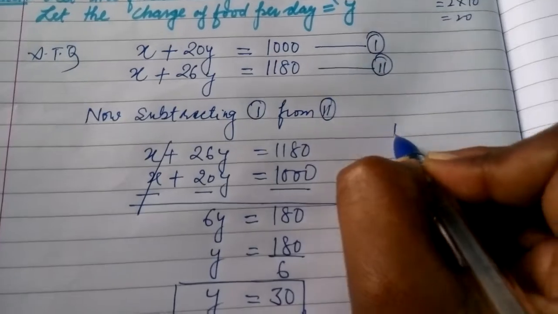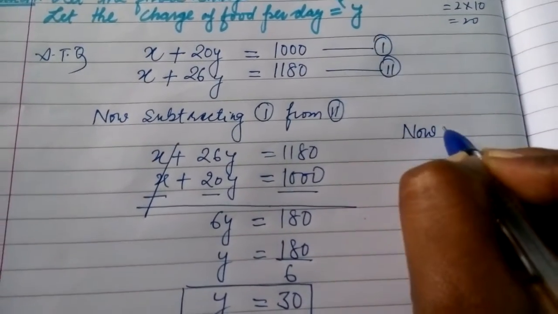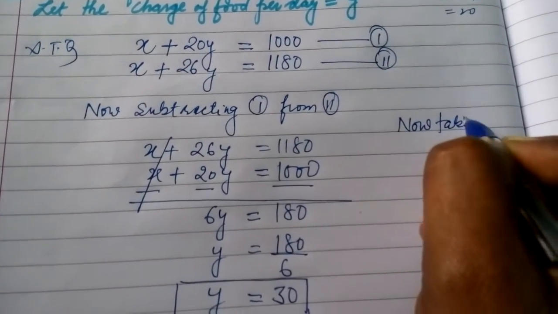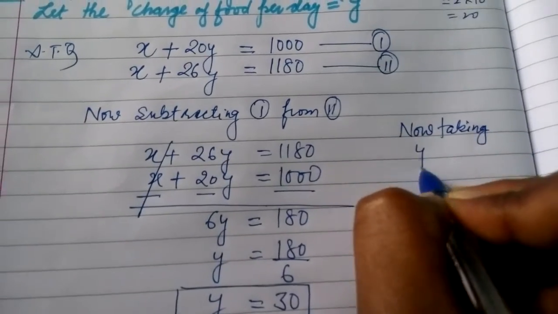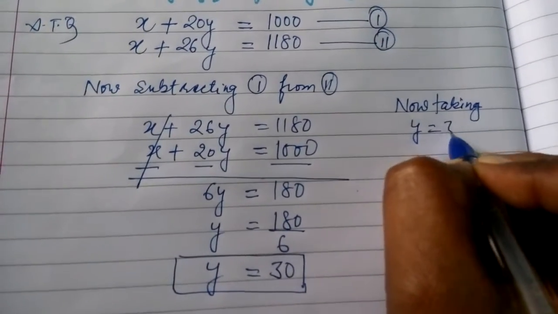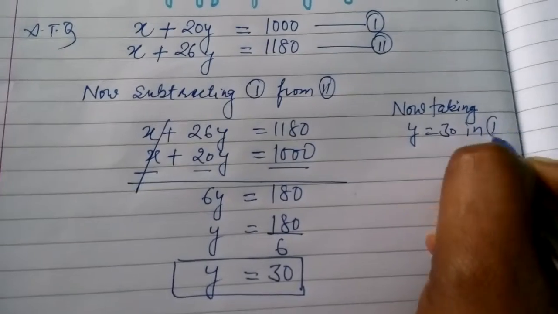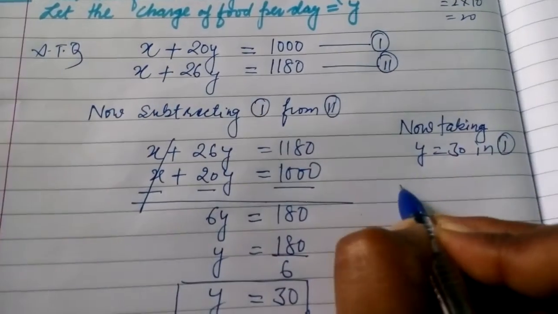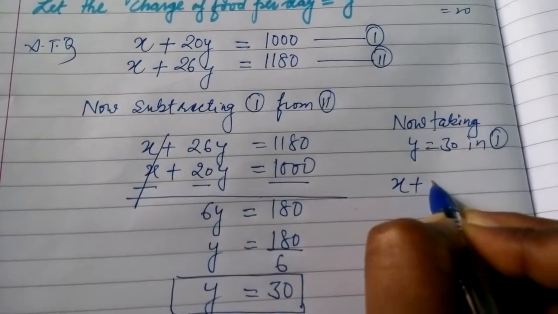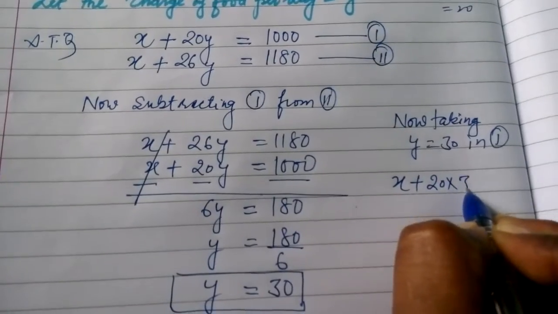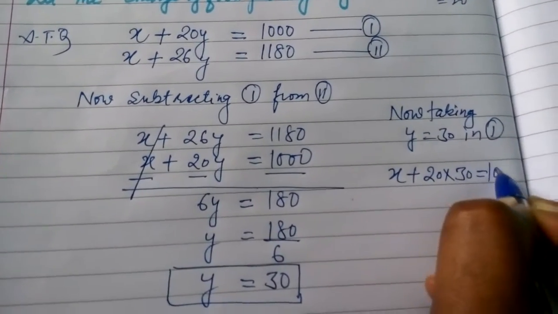And now, to get the value of x, taking y is equal to 30 in equation 1. It's up to you whether you take 1 or 2. So x plus 20 into 30 is equal to 1000.